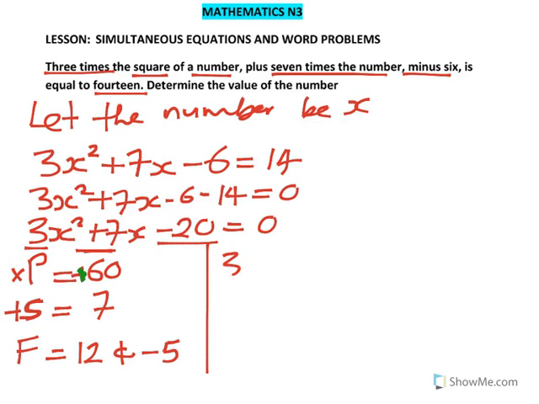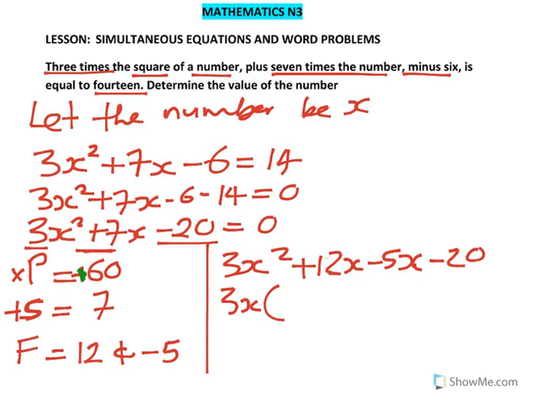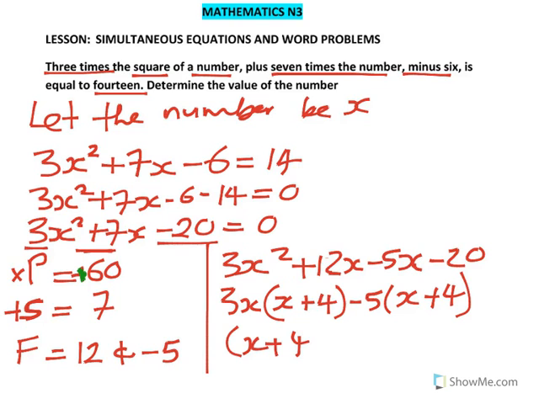So when I rewrite it, I'll have 3x squared plus 12x minus 5x minus 20. Remember, my 7x is now 12x minus 5x. Take 3x outside, you will have x plus 4, minus 5 times x plus 4. So you are going to have x plus 4 and 3x minus 5, and this is equal to 0. So let me write it on a fresh page.